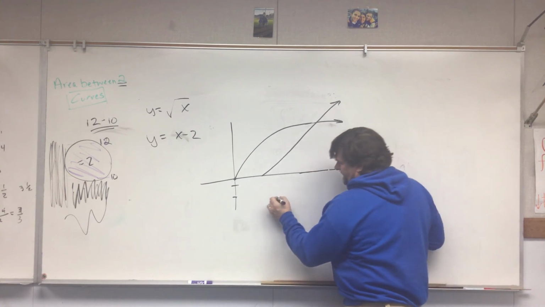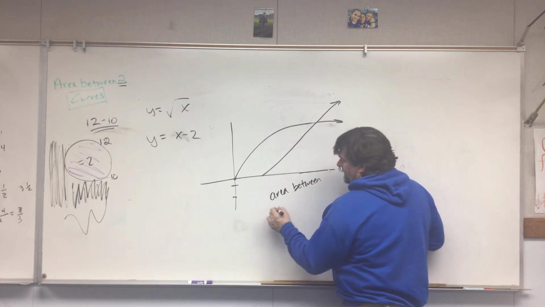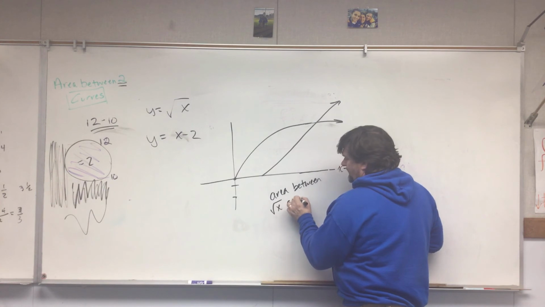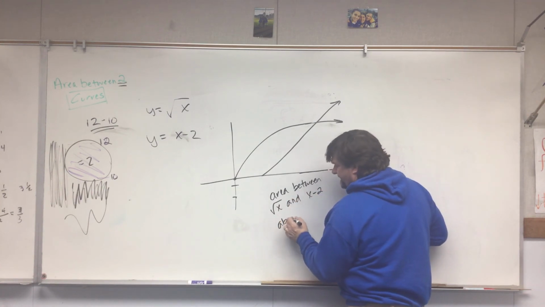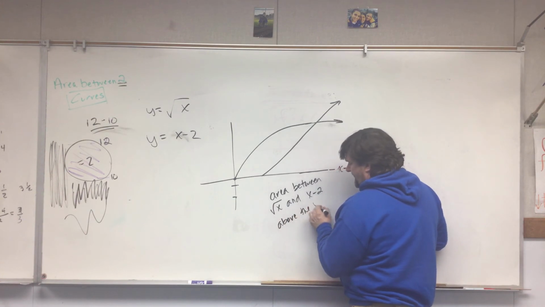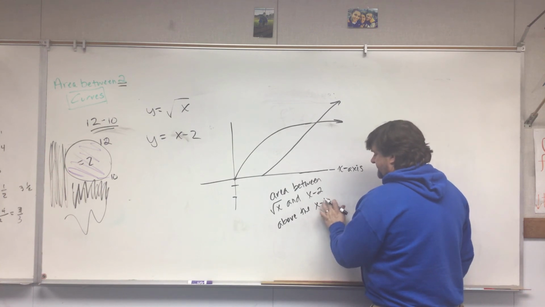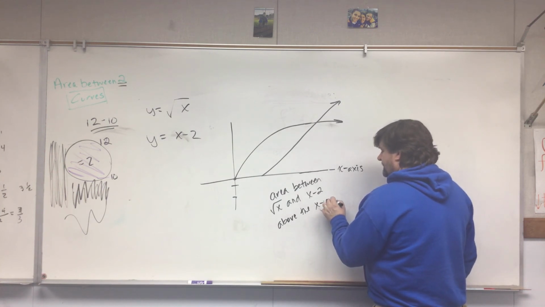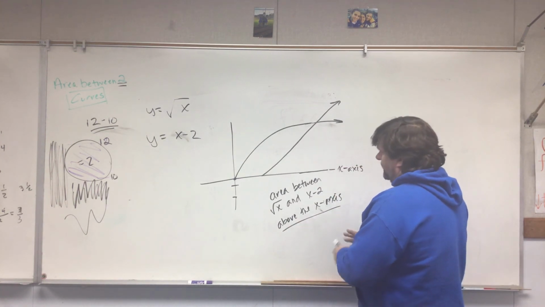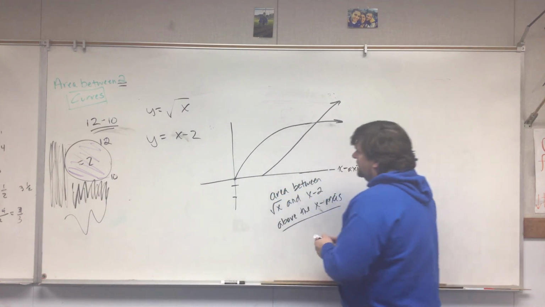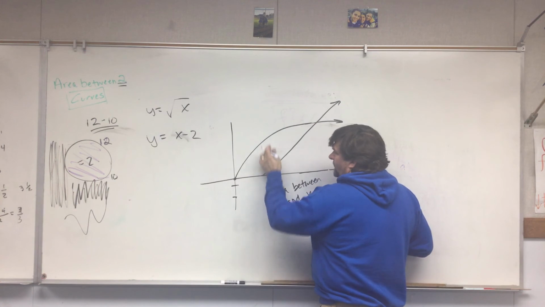So they want the area between square root of x and x minus 2 above the x-axis. Whoops. Okay, so this poses a small problem because here the upper minus lower is different.